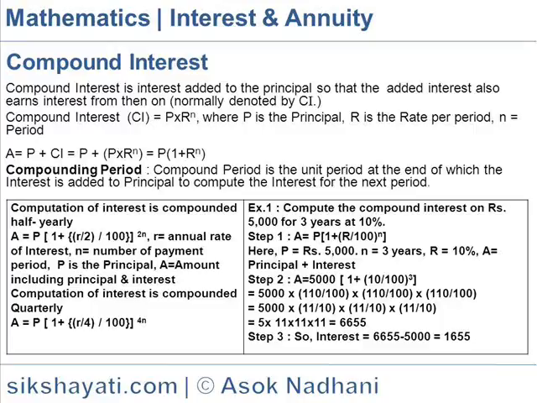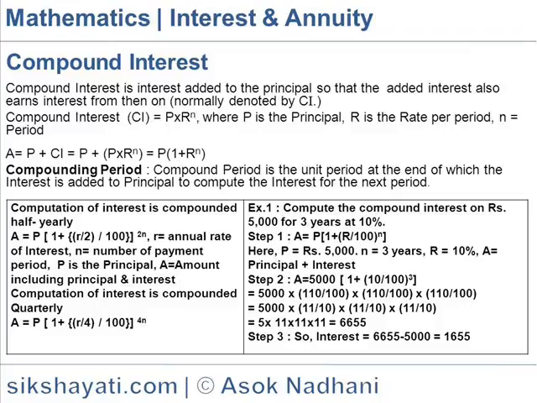In step 2, we get A is equal to 5,000 into (1 plus 10 by 100) cubed, to the power 3, that is the number of years, is equal to 5,000 into 110 by 100 into 110 by 100 into 110 by 100, that is 3 times, is equal to 5,000 into 11 by 10 into 11 by 10 into 11 by 10, is equal to 5 into 11 into 11 into 11, is equal to 6655.